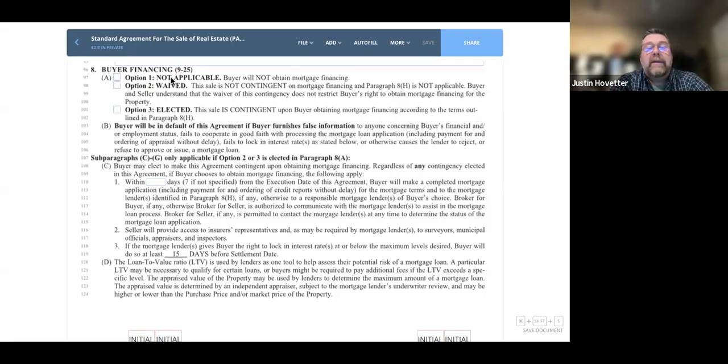The buyer will be in default of this agreement if the buyer furnishes false information to anyone concerning the buyer's financial and or employment status, fails to cooperate in good faith with processing the mortgage loan application, including payment for and ordering of appraisal without delay, fails to lock in the interest rate as stated below, or otherwise causes the lender to reject or refuse to approve or issue a mortgage loan.